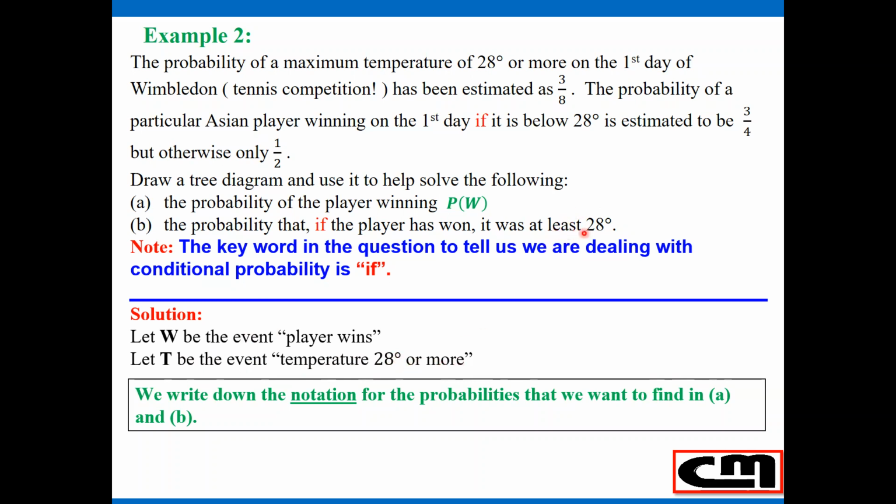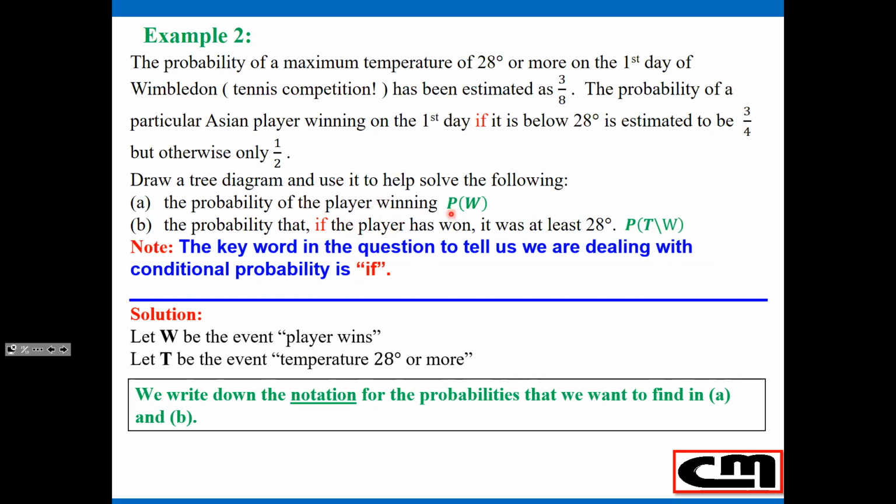So the words "at least" you need to interpret: that's the smallest that we can think of, nothing less, but anything greater is acceptable. So that means it's referring to the temperature 28 or more. To represent that in symbolic form, we are simply saying probability of T given that W, okay? That means the player has won, right? Then I'm through with the writing of the notation in the problem that we want to solve.